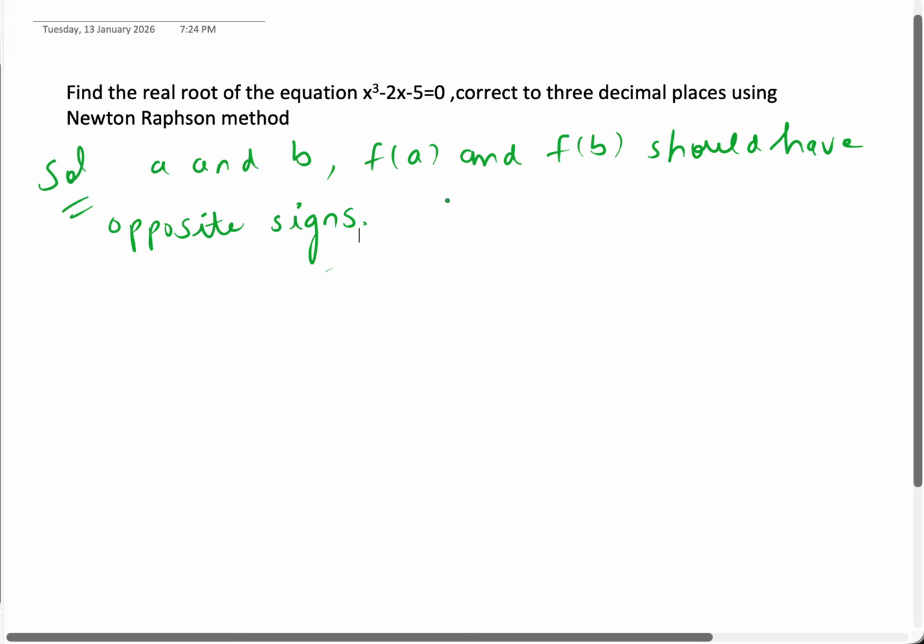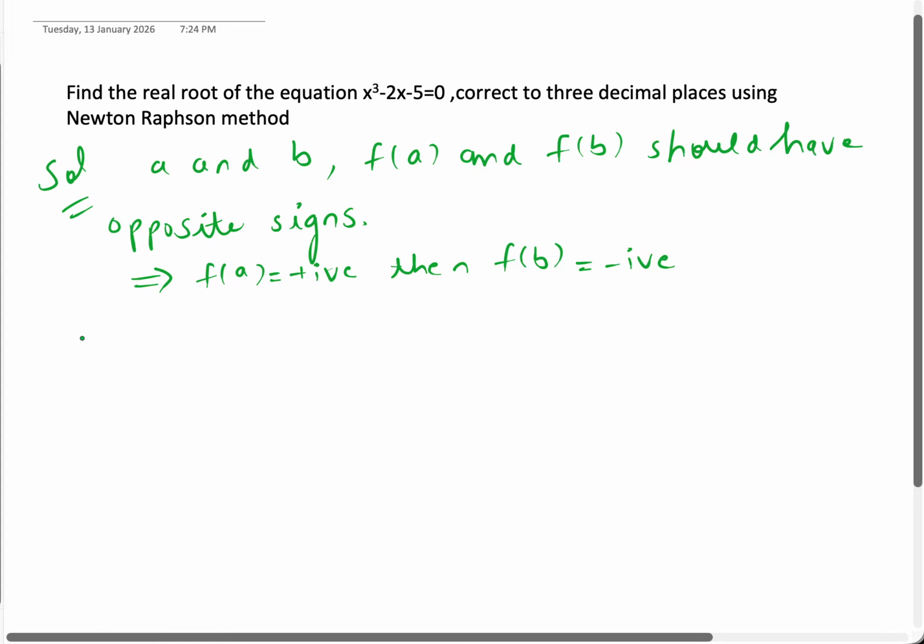Which means if f(a) is positive, then f(b) should be negative, and vice versa. So let me try to find a and b.